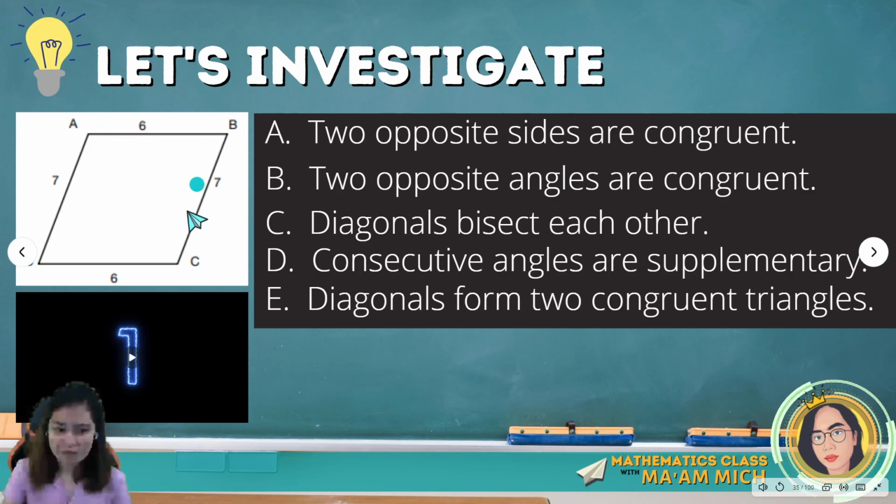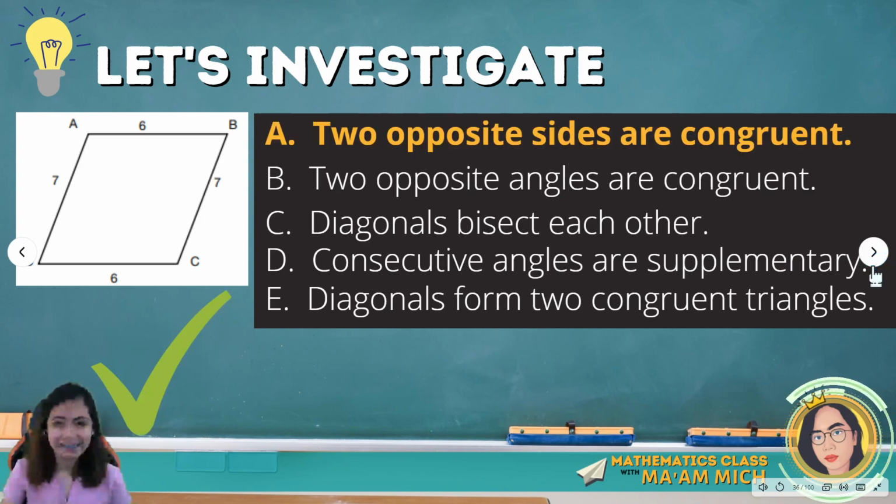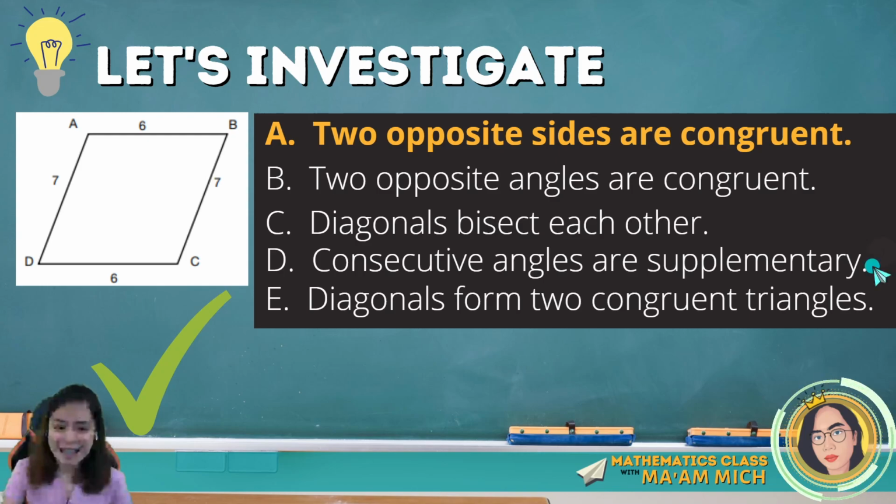Observe the given illustration. Let's see if your answers are correct. Okay, the correct answer is letter A. As you can see, we have side AB equals 6, side BC, or we can say side CD, is equal to 6.